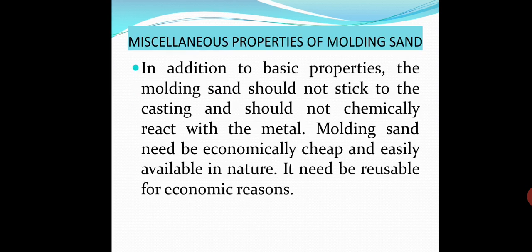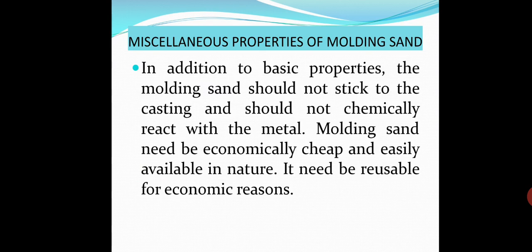In addition to these basic properties, certain miscellaneous properties are required. The molding sand should not stick to the casting and should not chemically react with the metal. With the liquid metal, it should not stick or react.